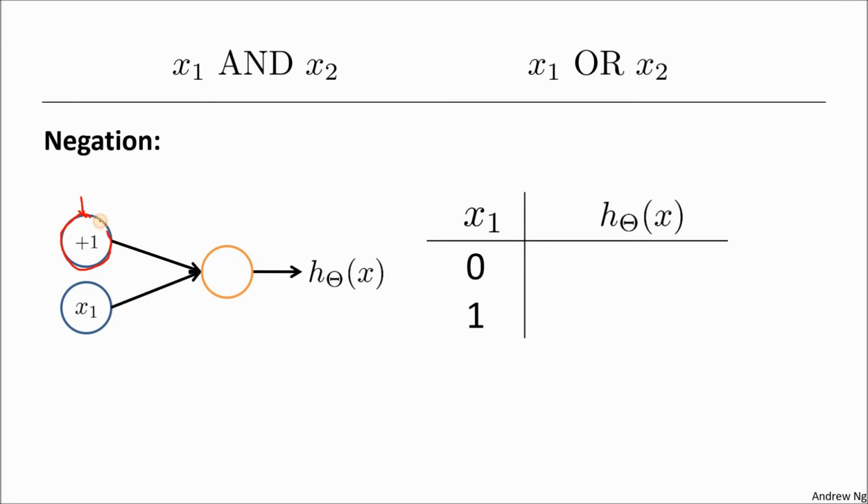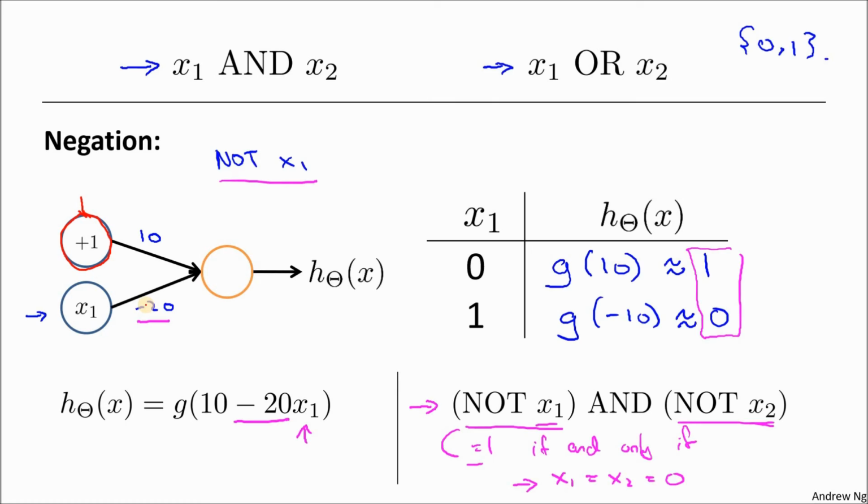The other is the input over here. What will be the weights selected? Again, we will discuss how the weights come like this, but for now the weight for the input term is minus 20 and for the bias term it is plus 10. So you can see that the bias term is important everywhere. It helps us a lot.